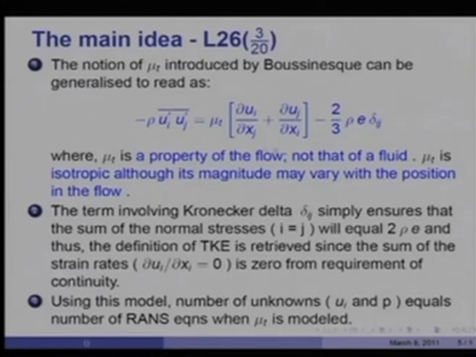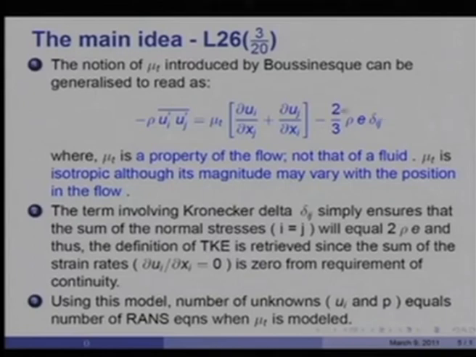Its value is 0 when i is not equal to j, but when i is equal to j, it is equal to 1. Remember, mu_t is the property of the flow and not that of the fluid. Mu_t is also isotropic, that is mu_t in all directions x_i is identical at a point, but at different points in the flow its magnitude may vary with position in the flow.